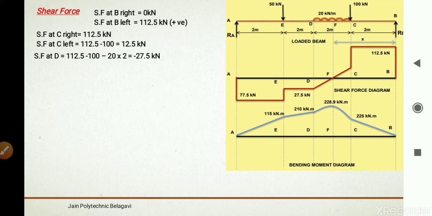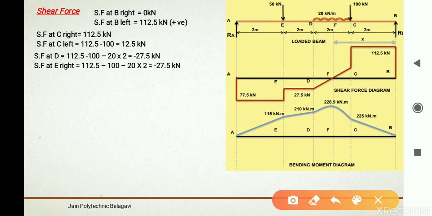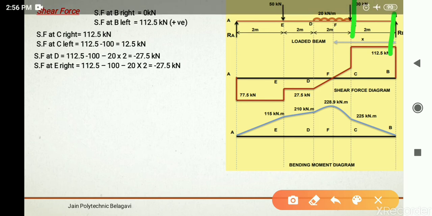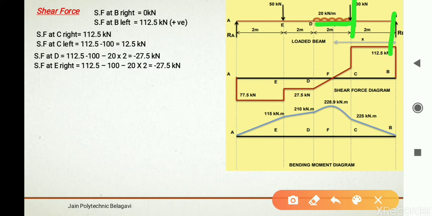So there we cannot go for left and right of shear force at point D. So shear force at D, you have reaction, that is 112.5, then minus 100, then minus 20 into 2. This UDL we have to take for 2 meter span because it is 20 kilonewton per meter UDL.